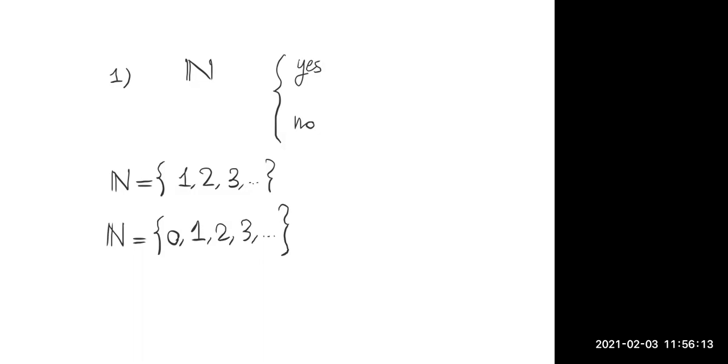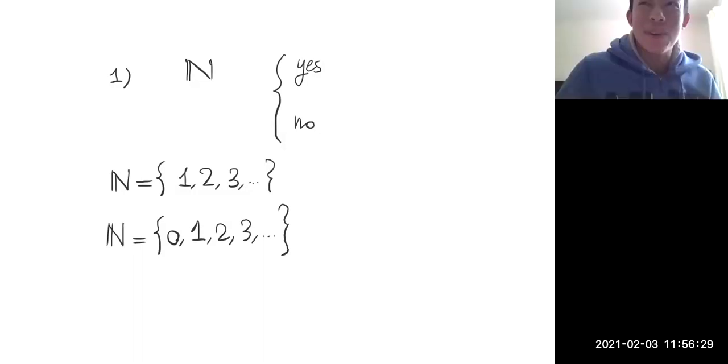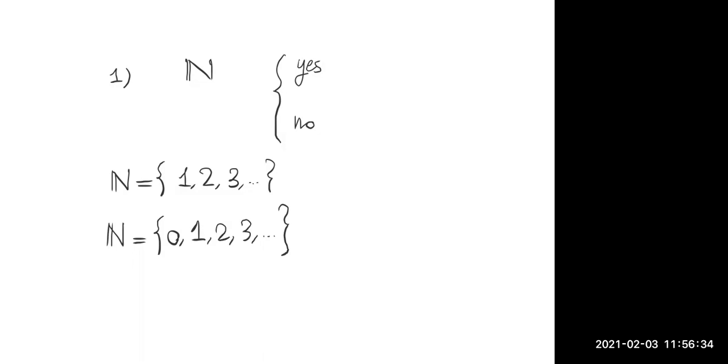Let me look at Wikipedia to see which one is more common. Would you take 0 as an element in the set of natural numbers N, or you don't? I just do what's convenient. Okay, let's take the second definition. Let's, for the moment, say 0 is a natural number.